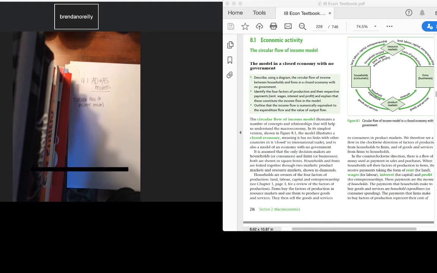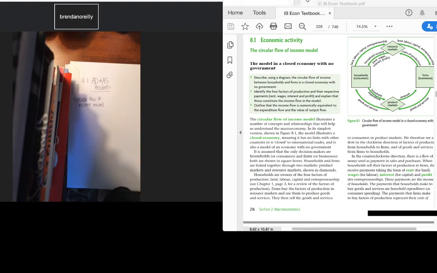Then there are the firms that produce the products and provide them for the households to purchase. That's why this is called a circular flow of income model: everything flows from one market and type of consumer or producer to the other, and that's why it's a circular flow.